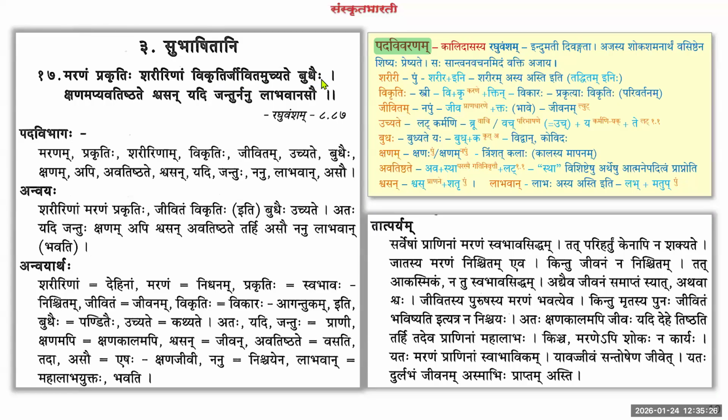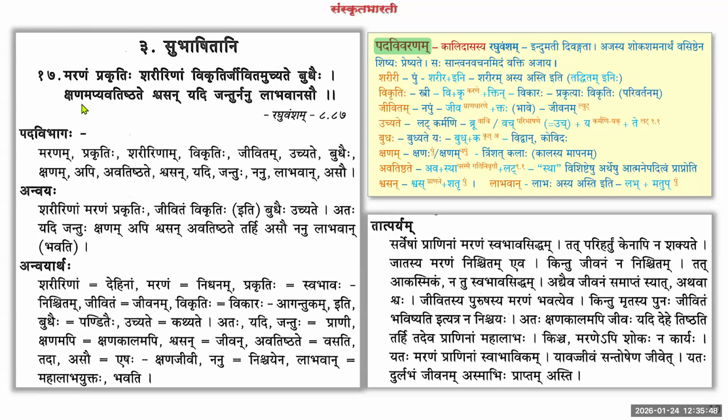Jivitam uchyate budaihi. Kshanam api avatisthate shwasan yadi jantuhu. Jantuhu is one that lives, all living things. It includes plants and animals. Even plants, they breathe, we know.